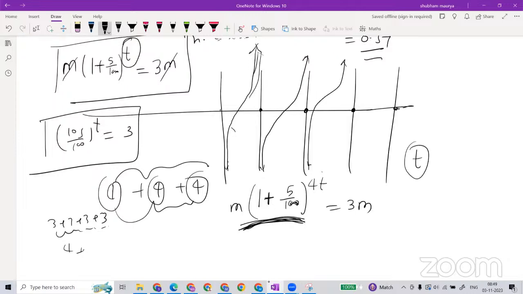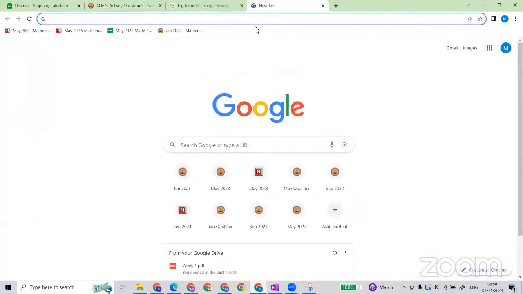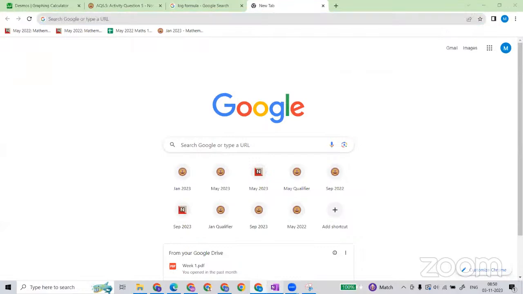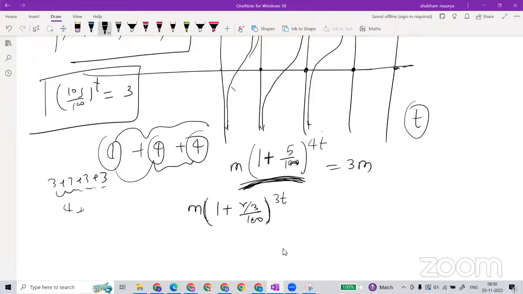The formula is principal times open bracket 1 plus rate by 300 close bracket, raised to the power 3 times the number of years, 3t, and this equals 3M. Correct, yes, sir.